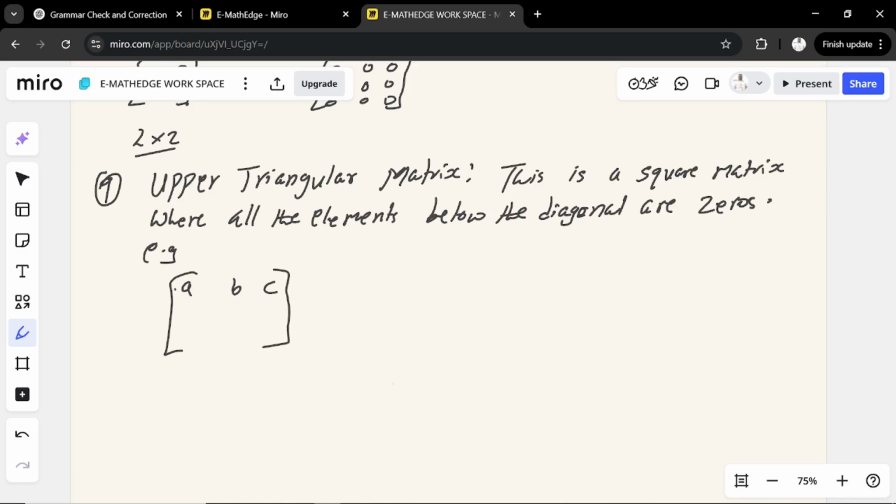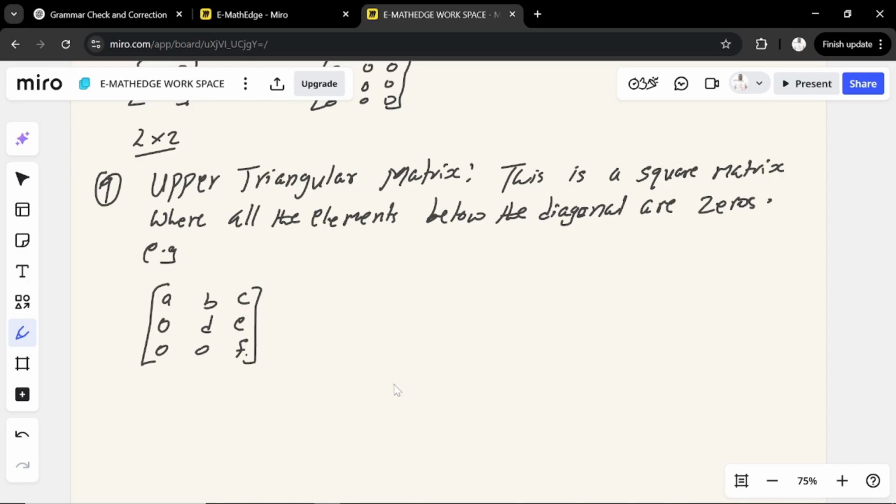Mind you, this is the diagonal. Then 0, D, E, and 0, 0, F. Now, first thing first, this is a square matrix. This is a 3 by 3 matrix with 3 rows and 3 columns, right? Also, remember that the elements below the diagonal must be zero.